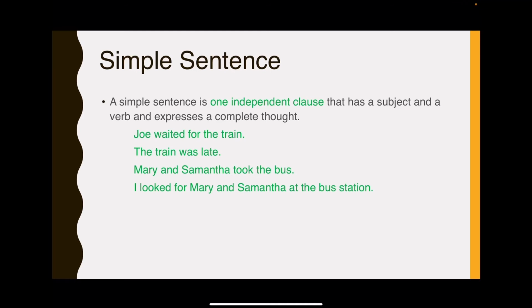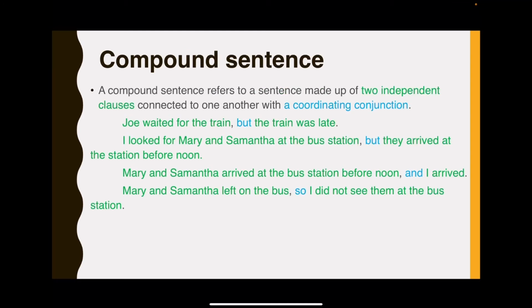But what we have next is called compound sentence. For the compound sentence, what we need is 2 independent clauses. For the simple sentence, what we need is only 1 independent clause.